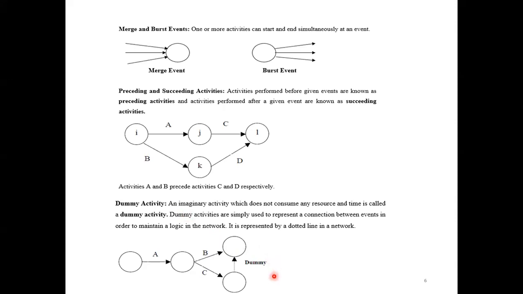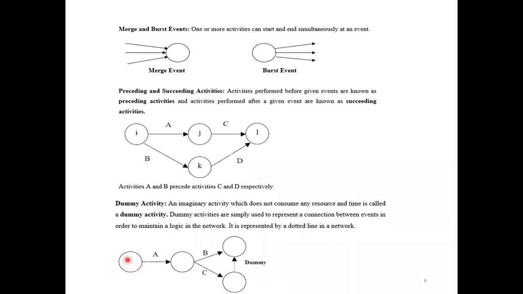A dummy activity is an imaginary activity which doesn't consume any resource or time. For a dummy activity, there is no time and no cost; it only makes the process easier. Dummy activities are simply used to represent a connection between events in order to maintain logic in a network. It is represented by a dotted line in a network, not a straight line.